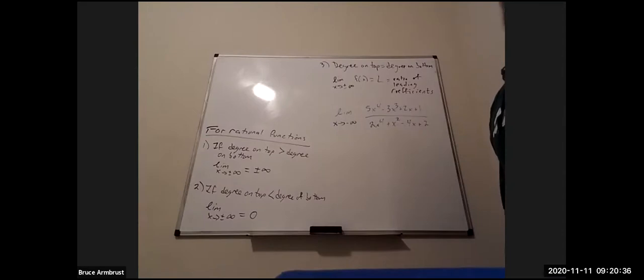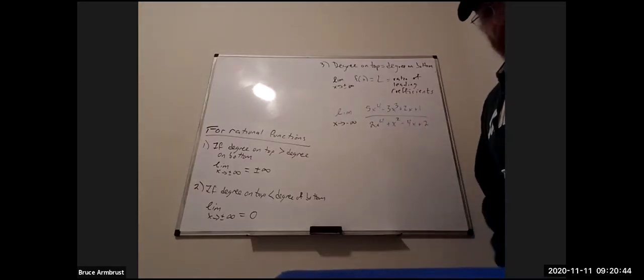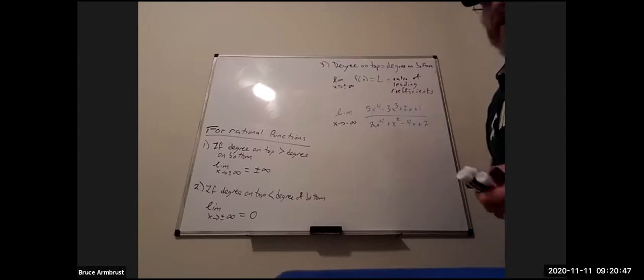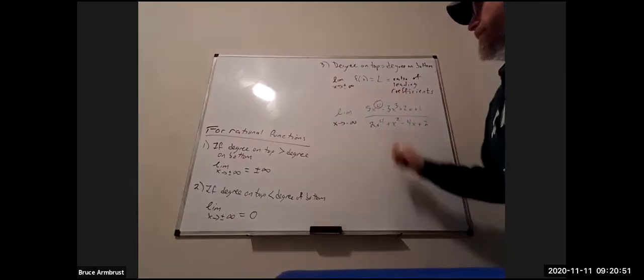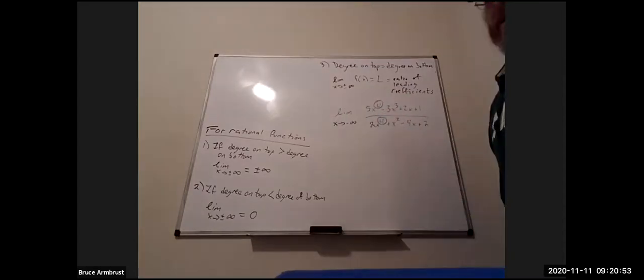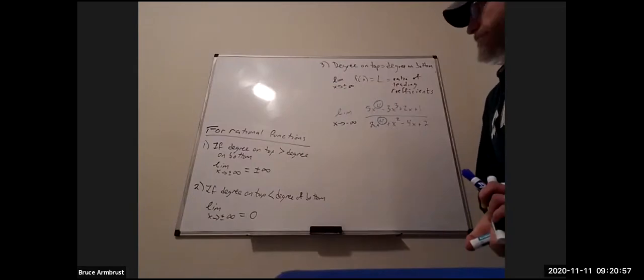Okay, so here is a ratio, a rational function. So we look at the degrees. On top, we've got degree 4. On the bottom, we also have degree 4. So we're in this case where the degrees on top and bottom are the same.